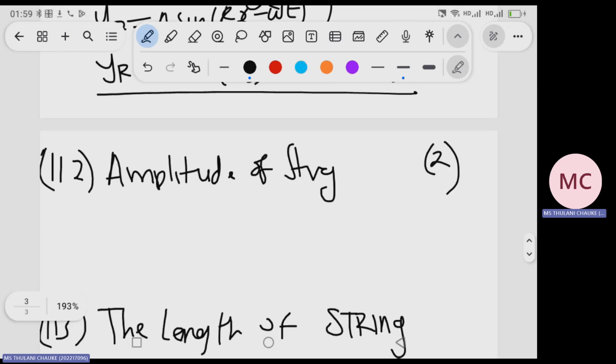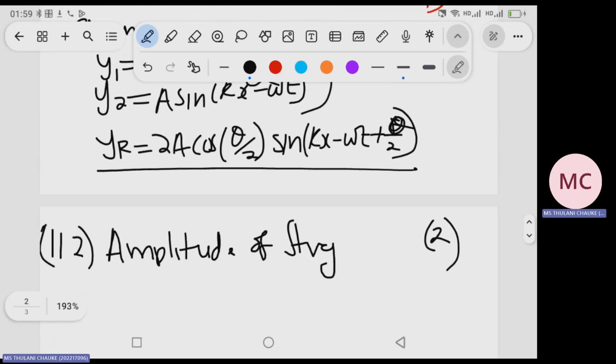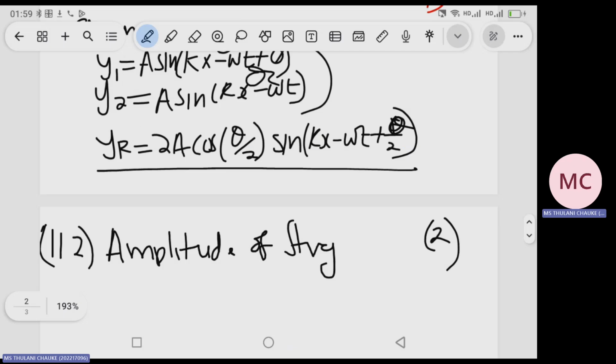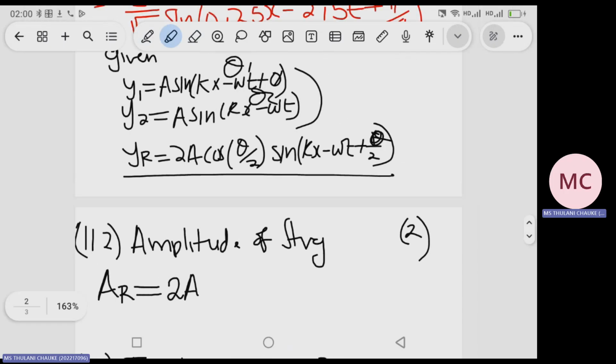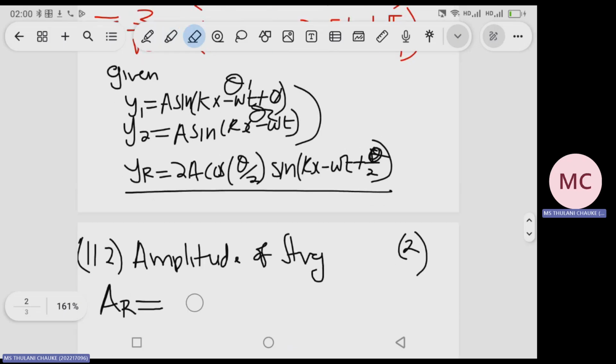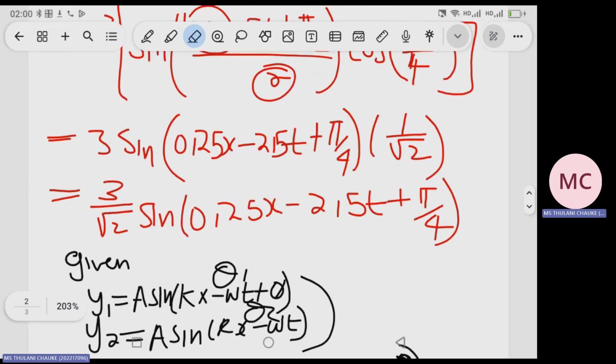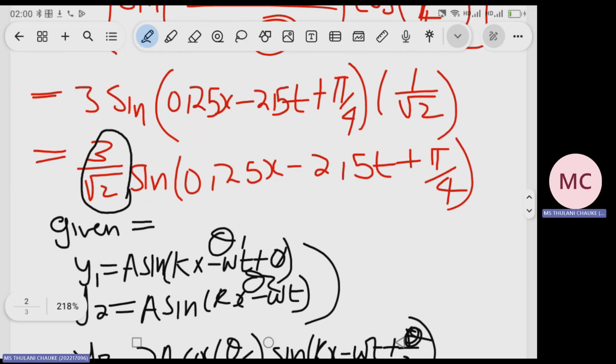So now let's start with the amplitude. So the amplitude will be this part. So our YR, our amplitude AR, the resultant amplitude, will be just 2A cosine of theta over 2. Did we simplify? So now I'm copying this one. It will be this part, and this one will be our AR.